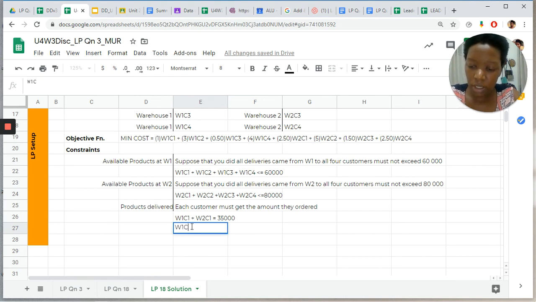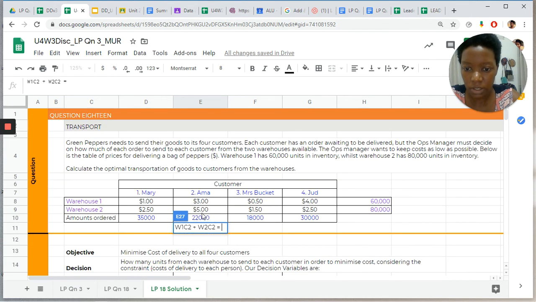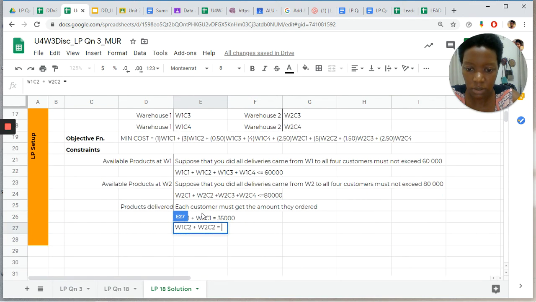So warehouse 1 to Amma or warehouse 2 also to Amma must equal what Amma ordered, which was 22,000.